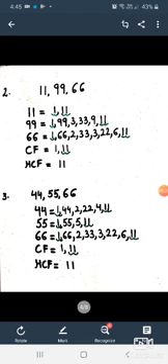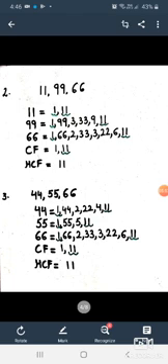Now first of all we will write the factors of 11. These are 1 and 11. Now write the factors of 99. They are 1, 99, 3, 33, 9 and 11. Now write the factors of 66. They are 1, 66, 2, 33, 3, 22, 6 and 11.